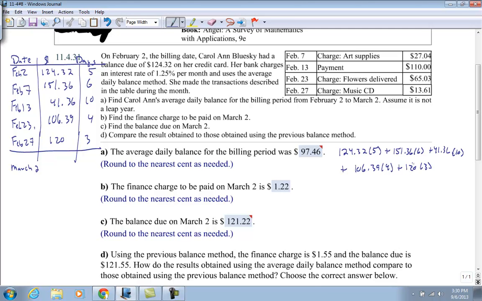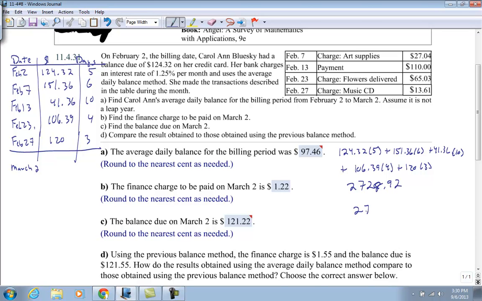Put this in my handy dandy calculator. And I get 2728.92.